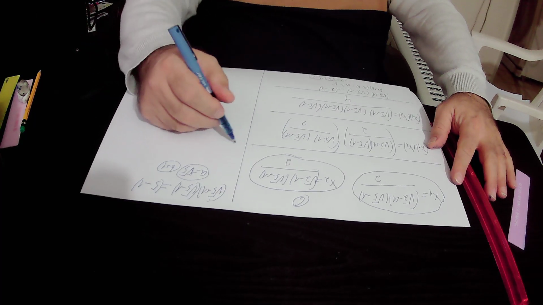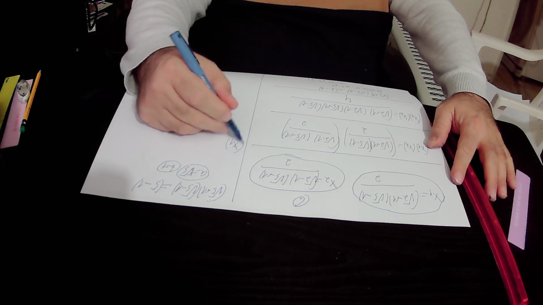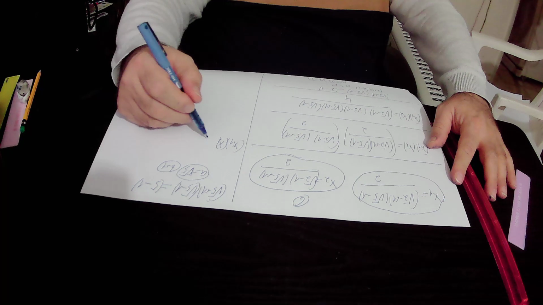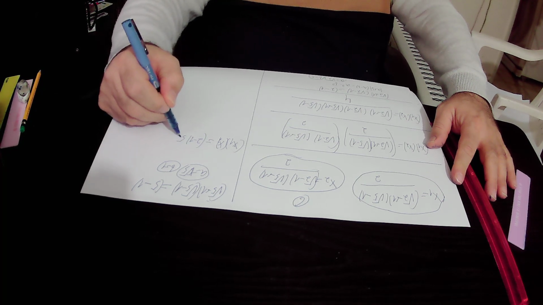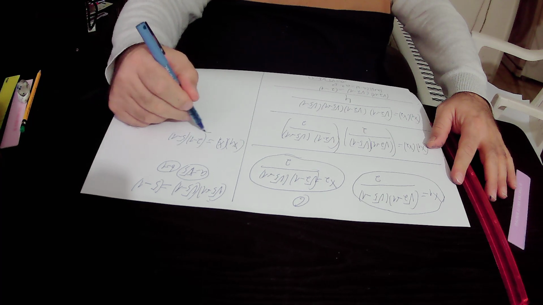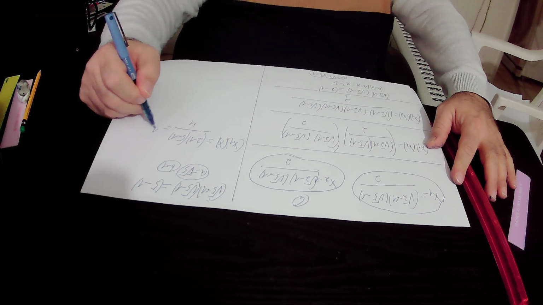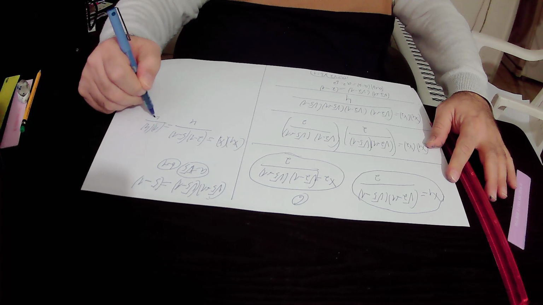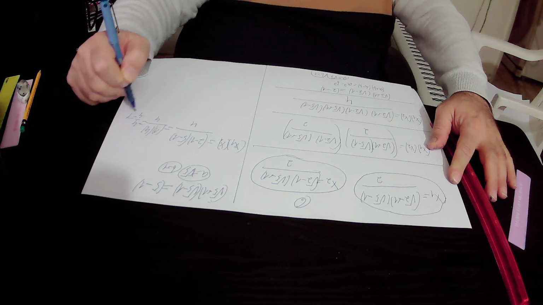And in conclusion, we found out that x1 times x2 equals to 2 minus 1 times 5 minus 1 over 4. 2 minus 1 is 1, 5 minus 1 is 4, over 4. 1 times 4 is 4, and 4 over 4 is 1.